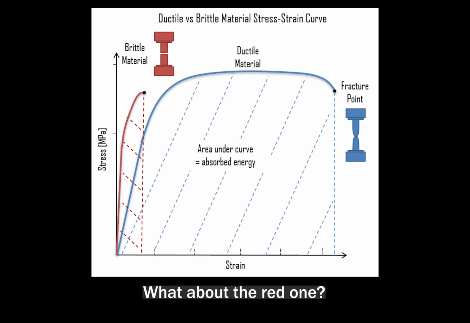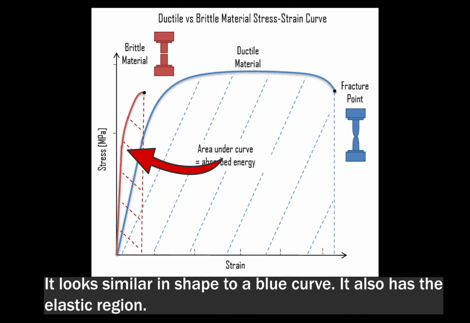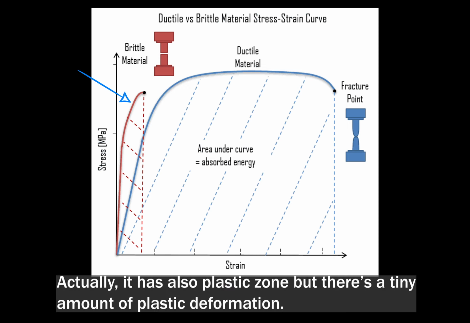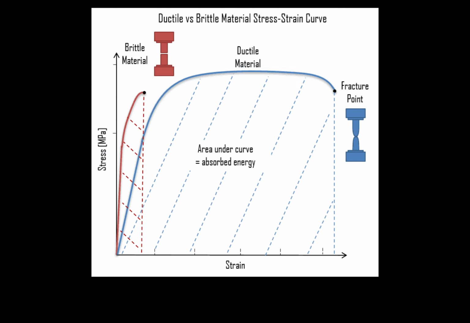What about the red one? It looks similar in shape to the blue curve. It also has the elastic region, right? The odd thing was that we cannot find any plastic region in this one. Actually, it also has a plastic zone, but there's only a tiny amount of plastic deformation, and then it breaks right away.